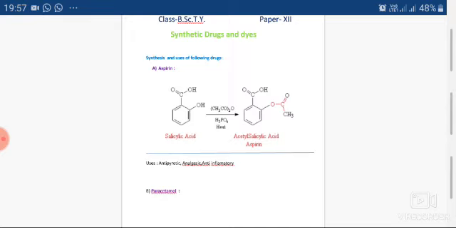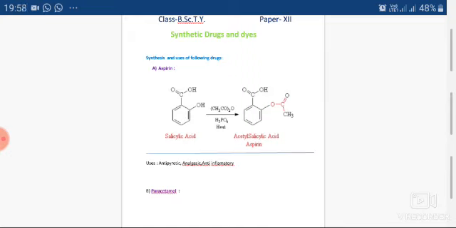In this reaction, we are directly using the salicylic acid, but we may start from phenol. So when phenol undergoes carboxylation, then it gives salicylic acid.